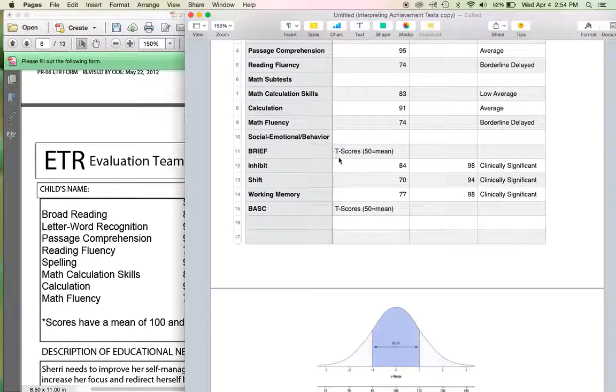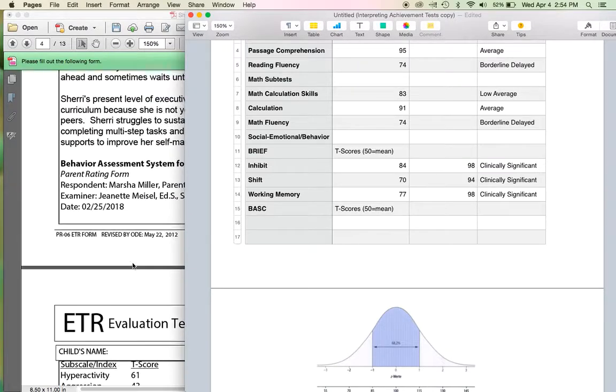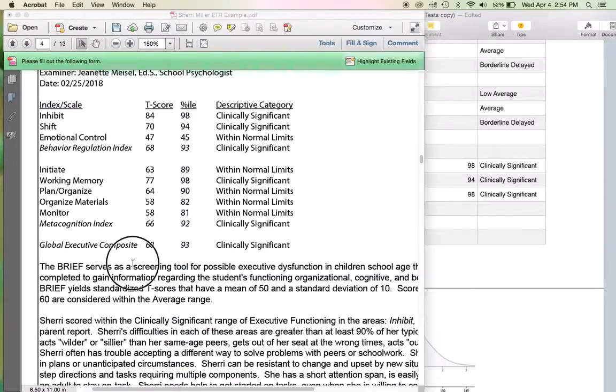Looking at the social and emotional skills, one of the things that I would encourage you to consider is the fact that you can see here that the social emotional skills tend to provide a lot more information in a lot more areas than just reading, math, and writing does. So what I would encourage you to do here is certainly look over the results and consider them as a whole, but I tend to think it's easier to just record or make note of the areas that are significant.